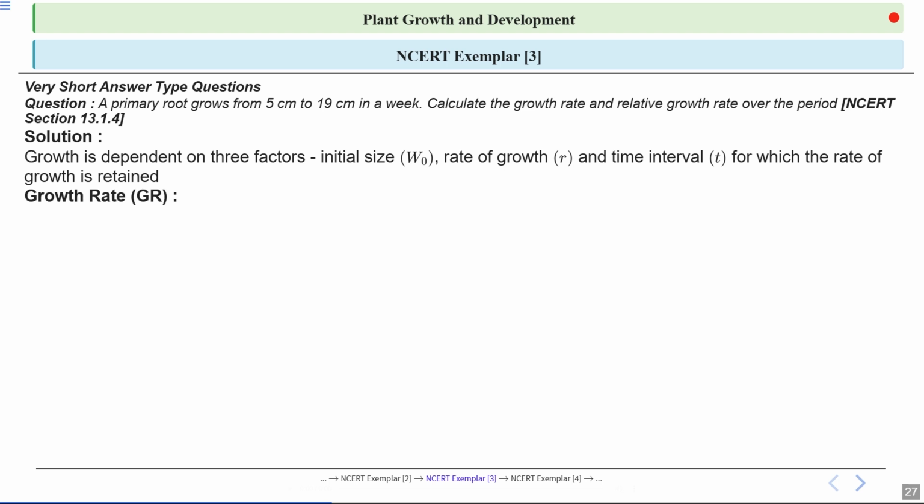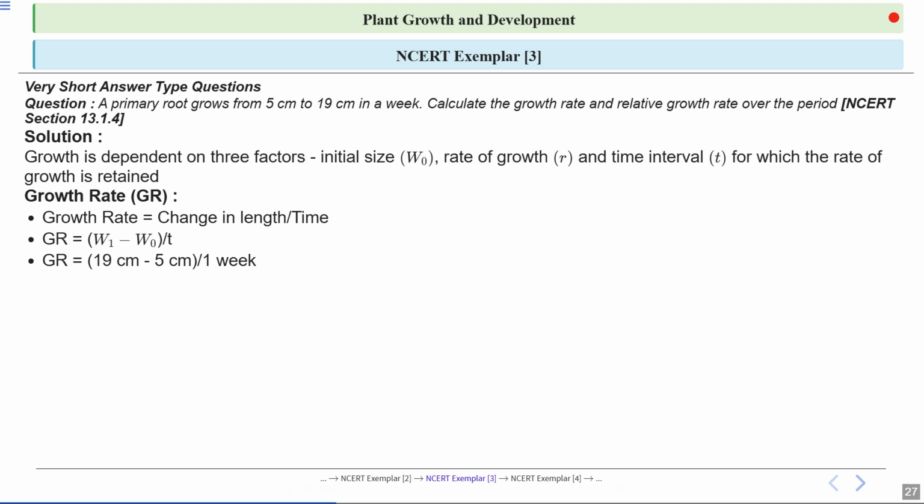Growth rate is equal to the change in length upon time. We can represent growth rate using W1, the size of the plant after a time, so W1 minus W0 divided by the time taken.